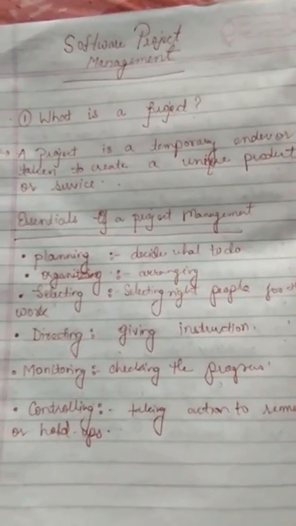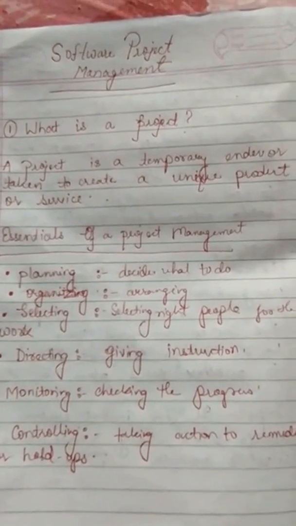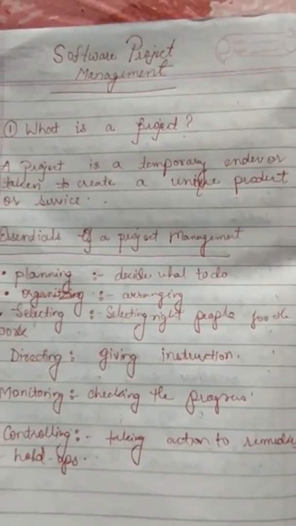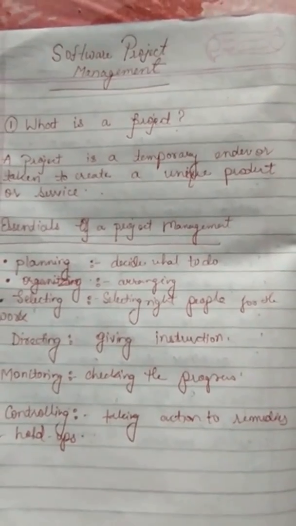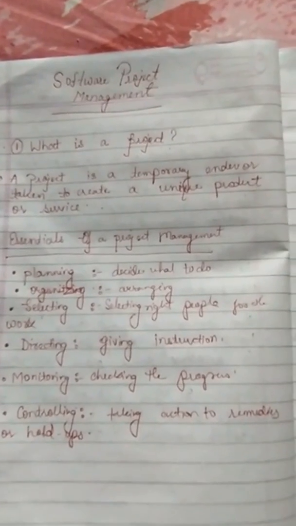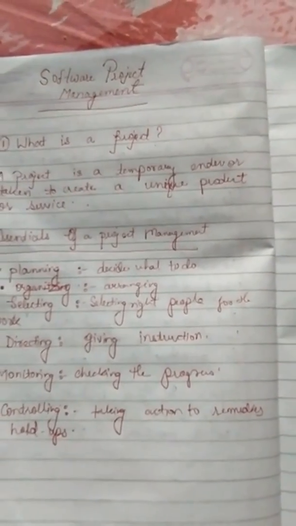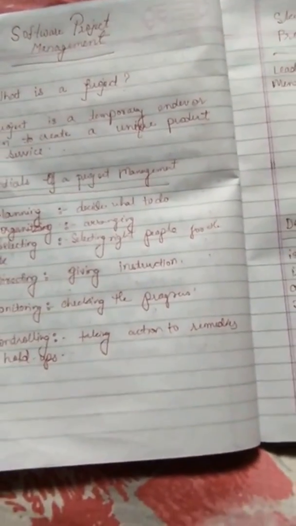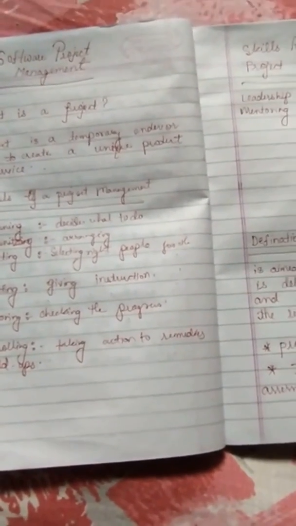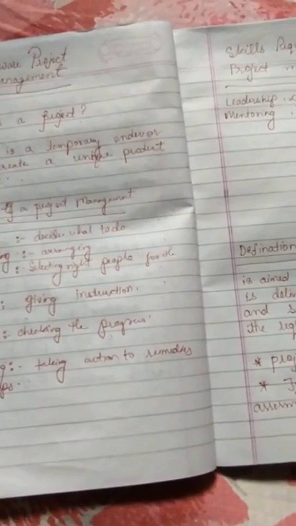Planning signifies that whenever a project is undertaken, proper planning is done: what to do and what not to do, what the objectives of the project are, and what we need to accomplish the project on a particular schedule.